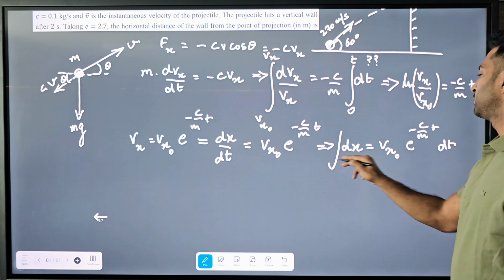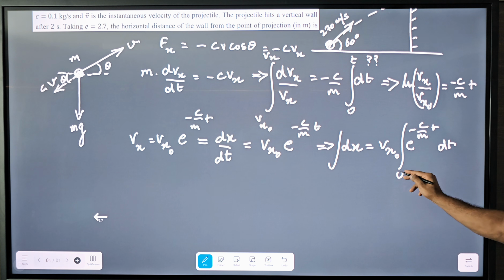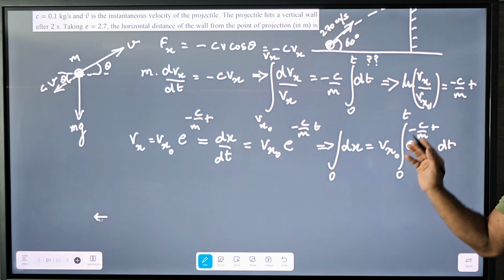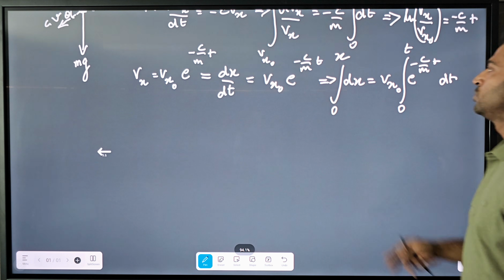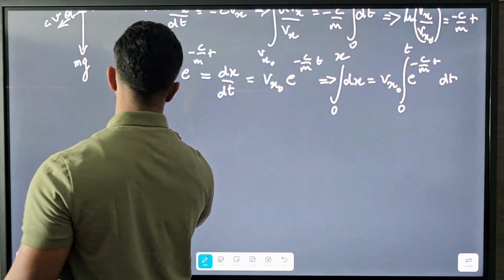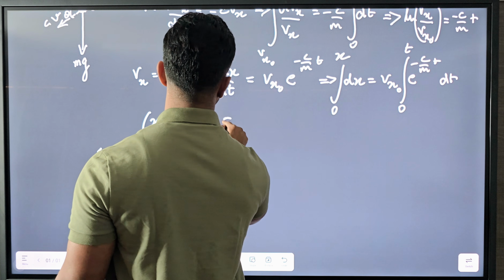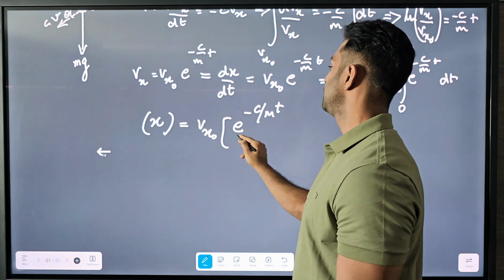Then we integrate. This time, when the time is 0, that is at the launch point, the x coordinate is 0. And when the time is t, the x coordinate is some x. So the integration of dx becomes x, and here I have the integration of e raised to the power minus c by m t.